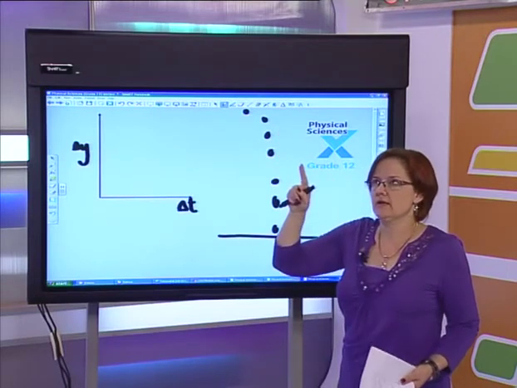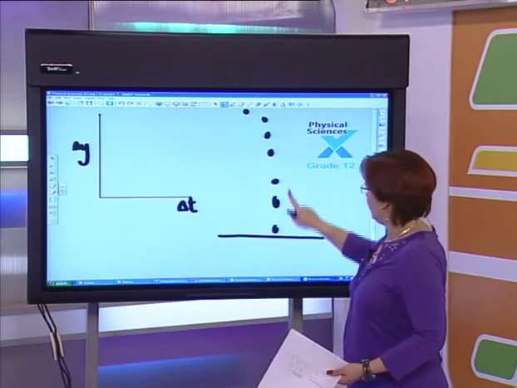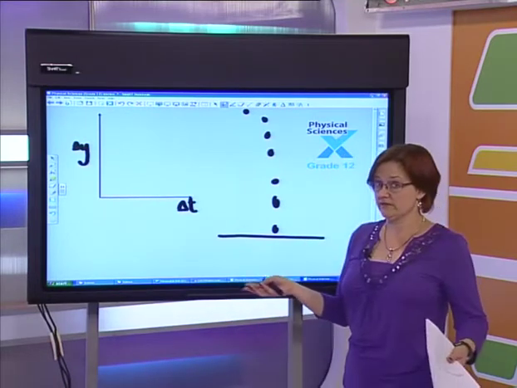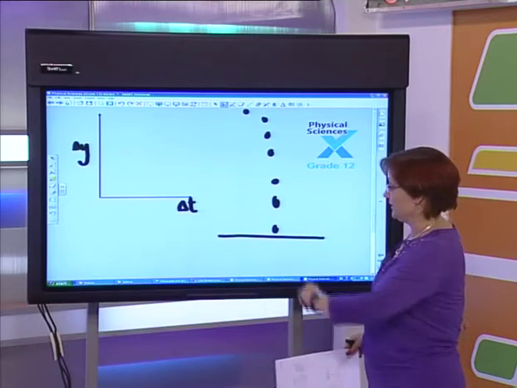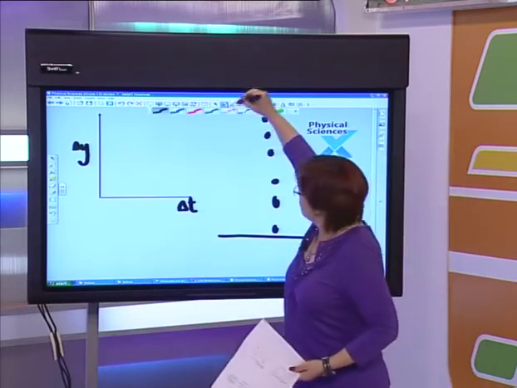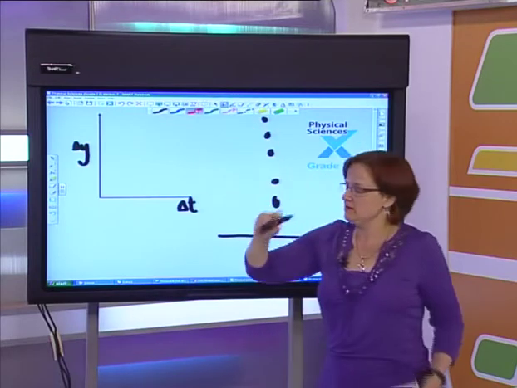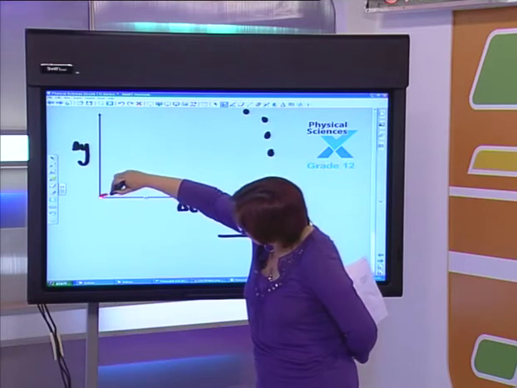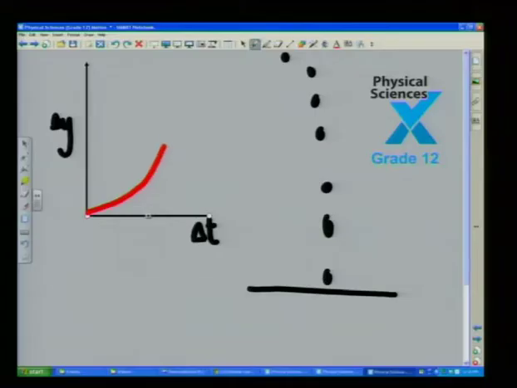So now we've got to think about it and go, okay, as it's coming down, is it speeding up or slowing down? It's getting faster because it's accelerating, which is exactly what's happening, which means as we start, it gets faster and faster and faster, and then it speeds up.